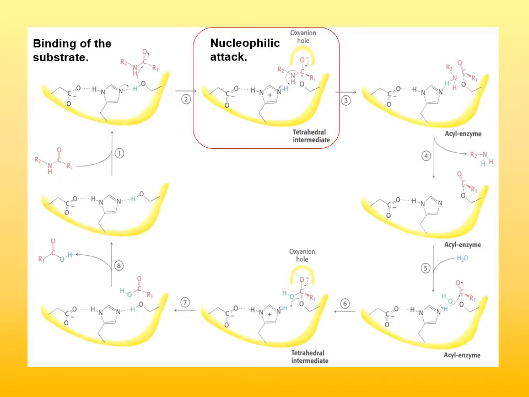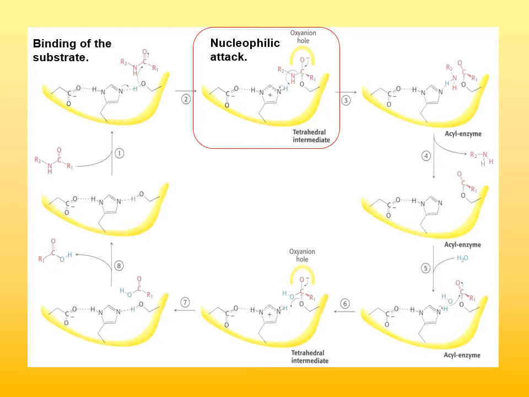In the second step, a nucleophilic attack occurs. The nucleophilic attack is the attack of the serine 195 nucleophile. We already examined that on the previous slide. The catalytic triad makes the serine side chain, the oxygen of that side chain, negatively charged. It's in the form of the alkoxide.